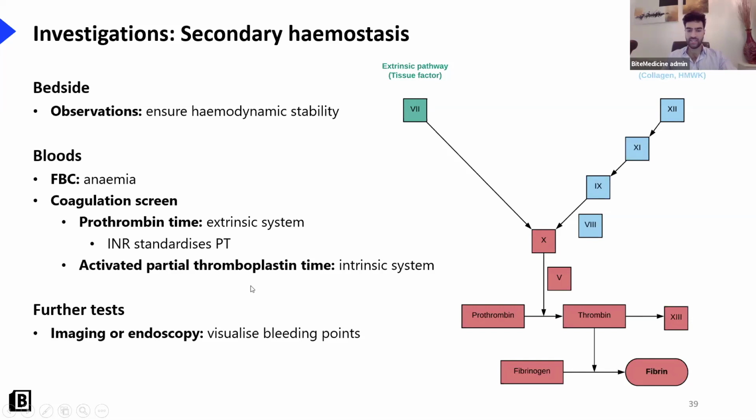The APTT looks primarily at the intrinsic pathway, which is factor 12, again, all the way down to formation of the fibrin clot. And as before, further testing, imaging or endoscopy to look for where the bleeding is coming from.